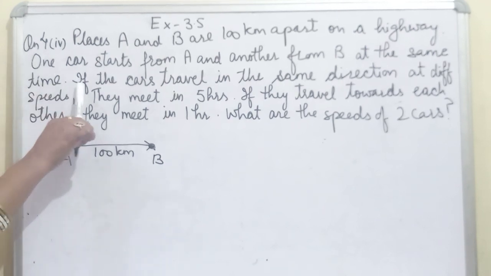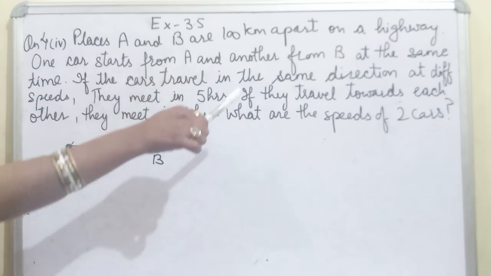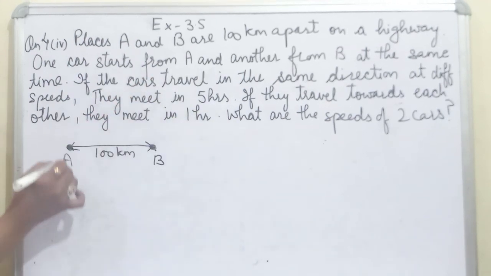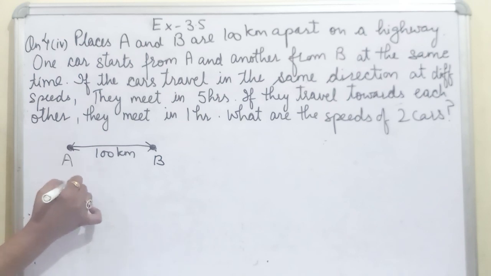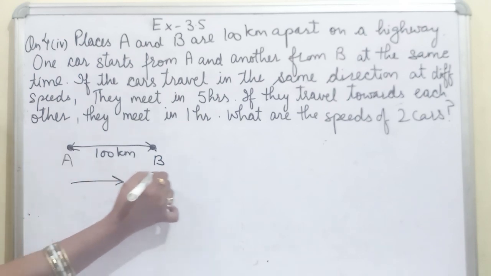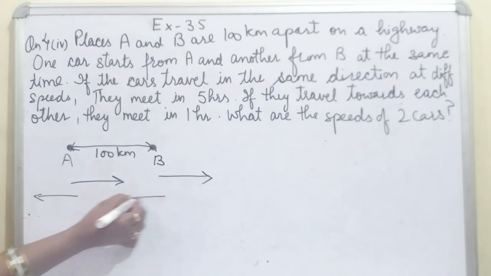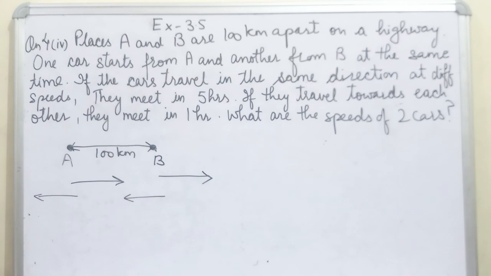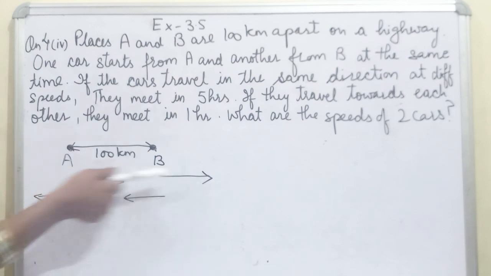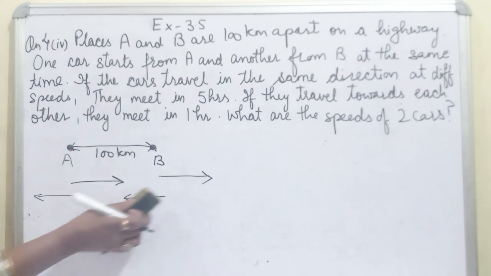Okay? If the cars travel in the same direction, that means either the cars are moving in this direction or the cars are moving in this direction, because it's saying that the cars are moving in the same direction. So I'm just taking the first one.